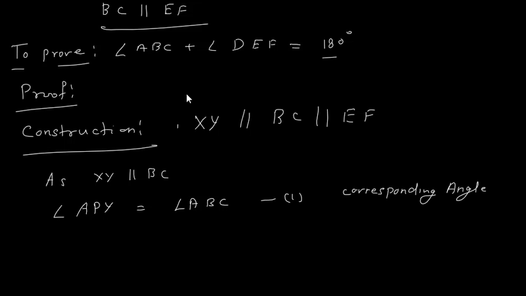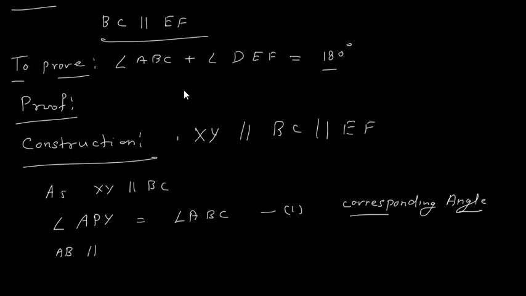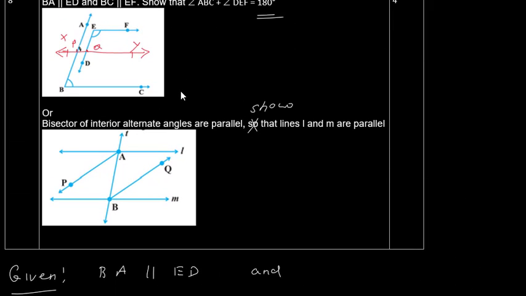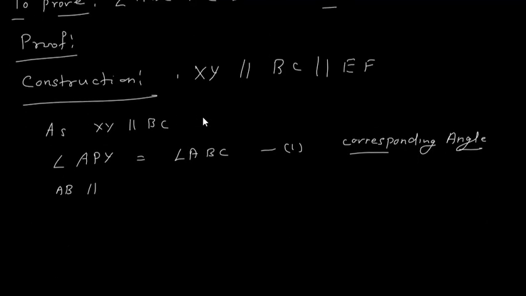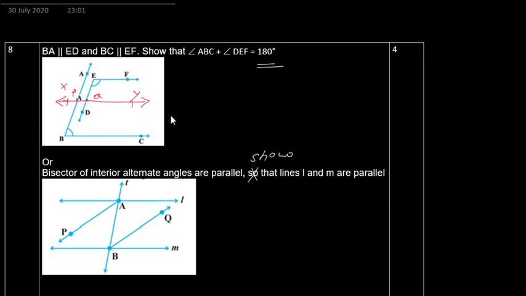Okay. Now side AB is parallel to ED. Therefore, I will say that angle APY is equal to angle EQY. Again, they are corresponding angles.